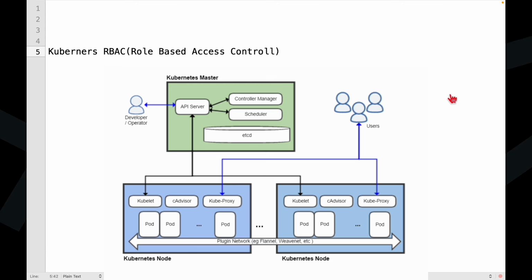Before performing that action, whether creating a namespace, deleting a namespace, creating a pod, deleting a pod, or getting something from the cluster, the API server will authenticate the request. Once authentication is successful, it will authorize the request. Only if authentication and authorization are successful will the API server perform the action you are trying to perform within the cluster.